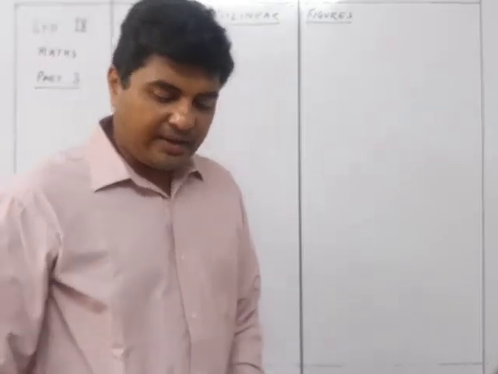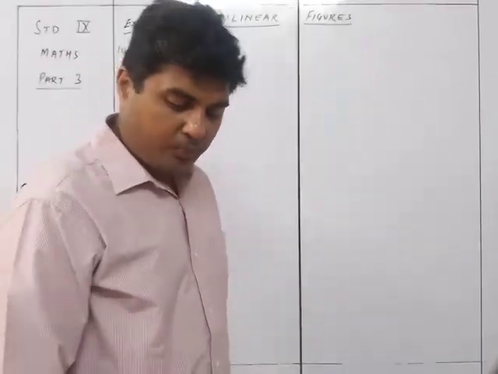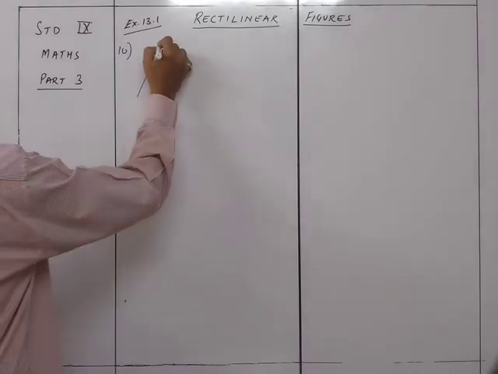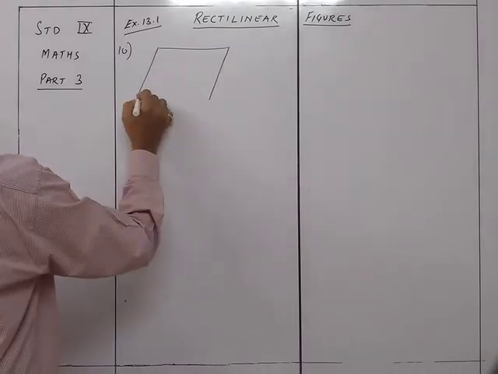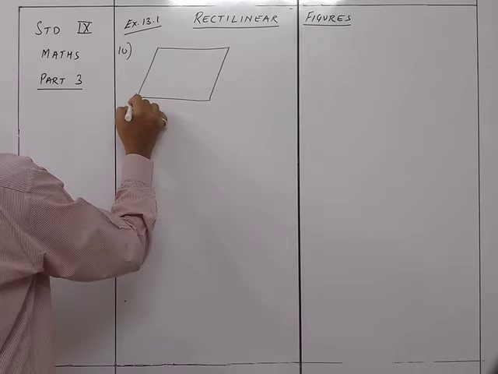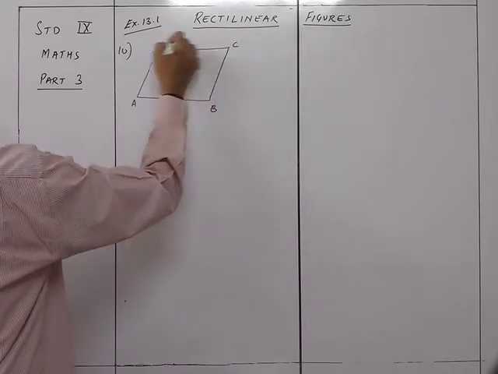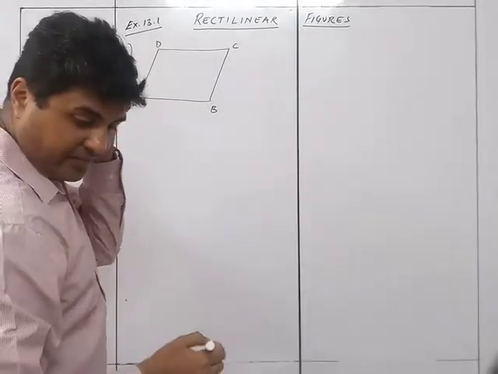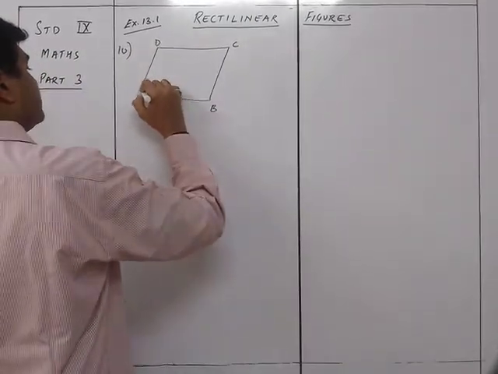If the diagonal AC bisects angle A, then prove that. Okay, three things. First thing is ABCD, A, B, C and D is a parallelogram, and it is given that AC bisects angle A.